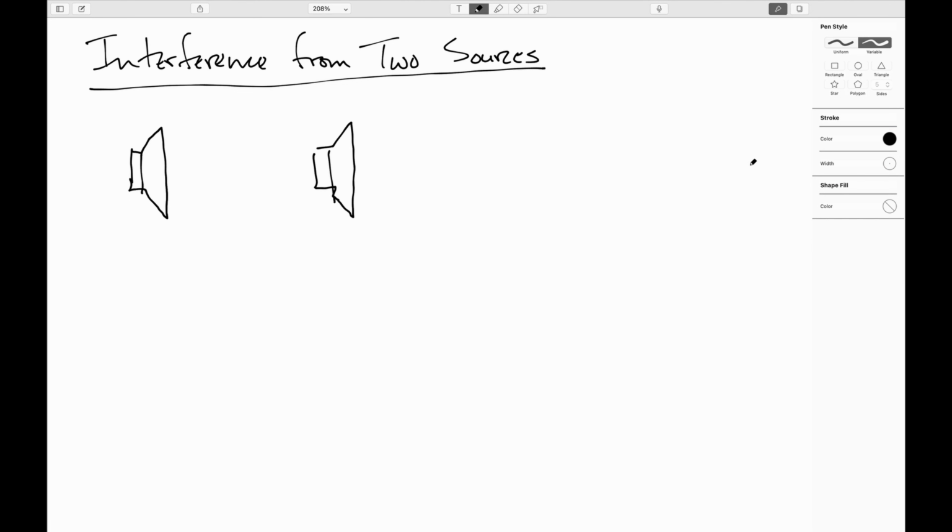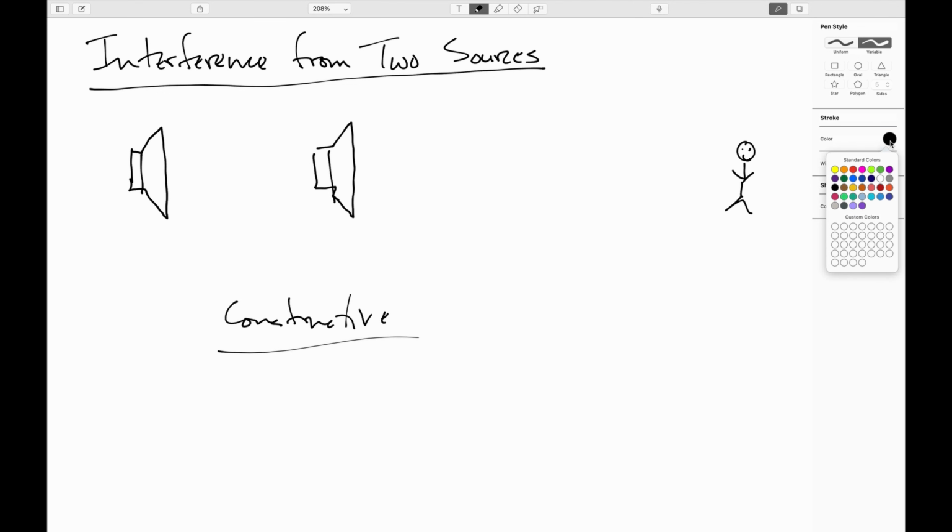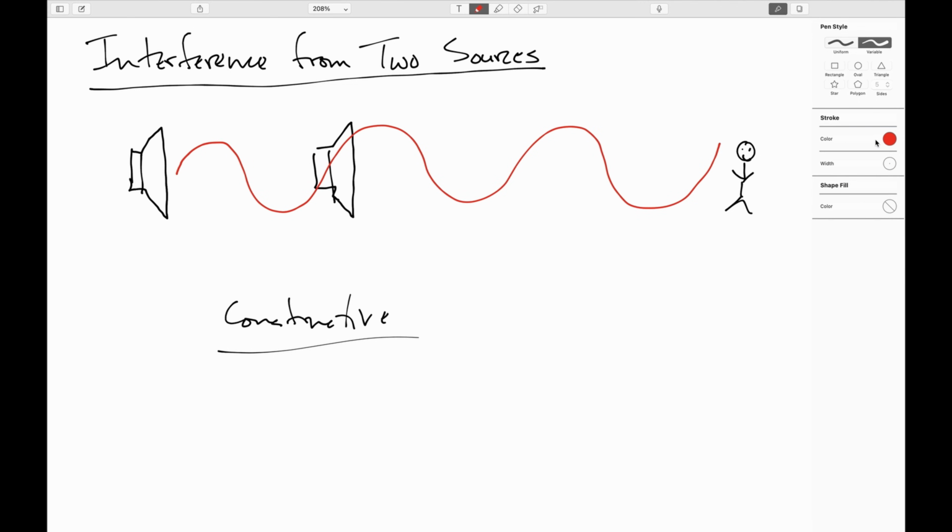If I'm going to be listening to it, say over here, if I'm going to have constructive interference, I need the two waves to be doing the same thing at the same time. So let's make this one here red. They'll literally both be sound waves, so it's not like they have different colors or anything.